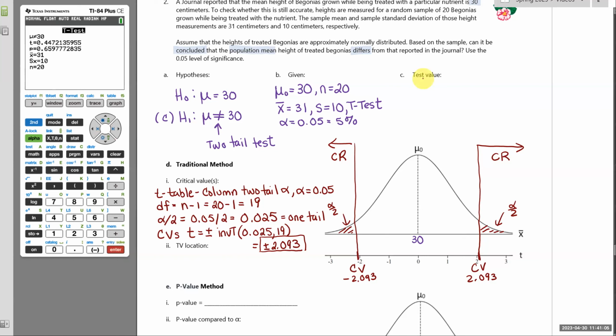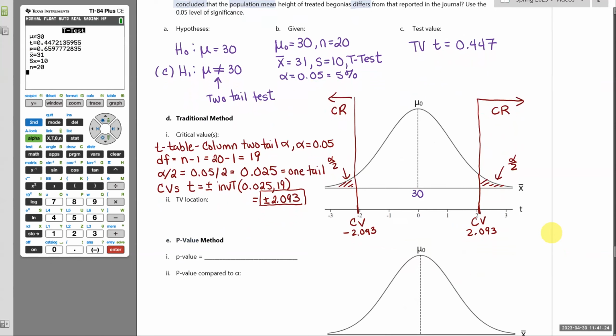So my test value, my t value is 0.447. And we're just rounding t's to 3 decimal places because that's what the table provides. So just matching that rounding.